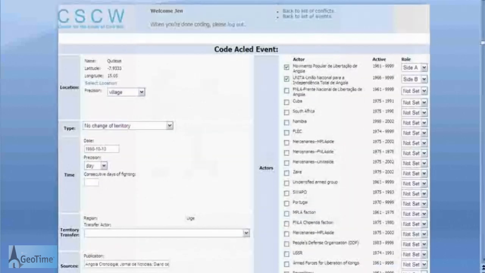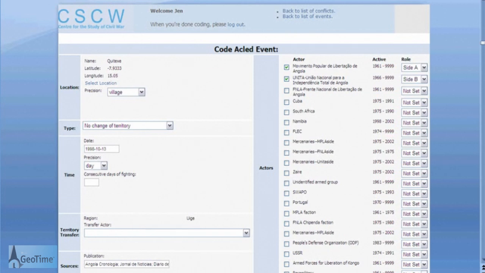I would code the event, so the battle or the massacre, the time, the place, the location, using a gazetteer, trying to figure out which one of the many villages by the same name is the correct village, etc. And assigning it an actor. You can see on the right-hand side of the screen there are many different actors involved in the Angolan War, and we assigned to them either a side A role or a side B role.